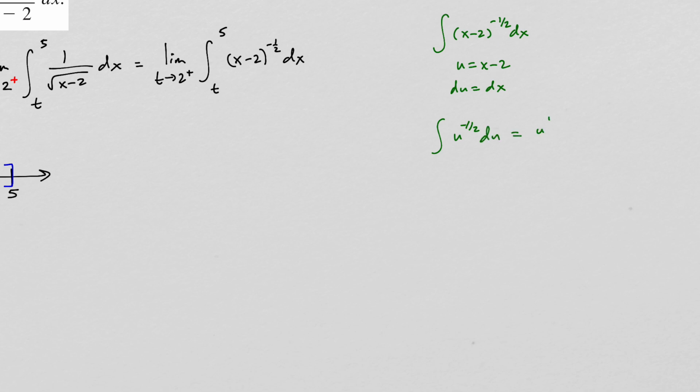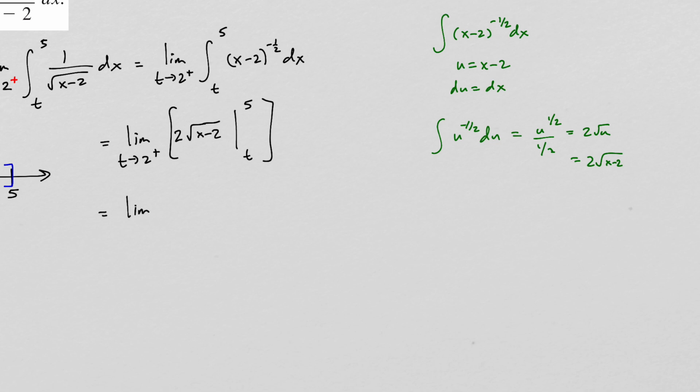And when you integrate that, you get u to the 1/2 divided by 1/2, which is 2 times the square root of u. So I now know that we're going to be taking the limit as t approaches 2 from the right of 2 times the square root of x minus 2. So don't forget, when you get this answer here, you have to put your x's back in. And then we're going to evaluate this from t to 5.